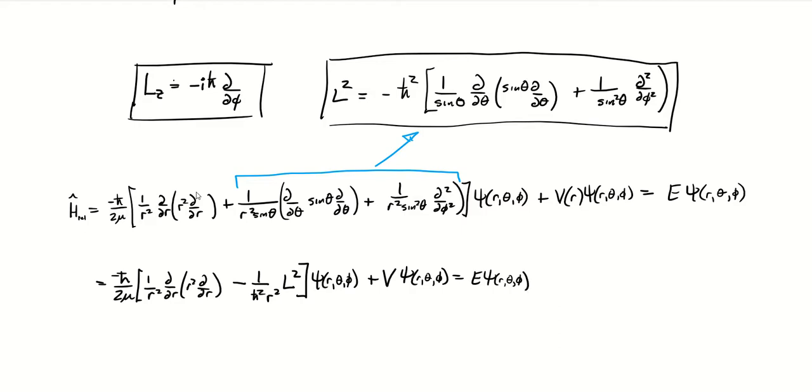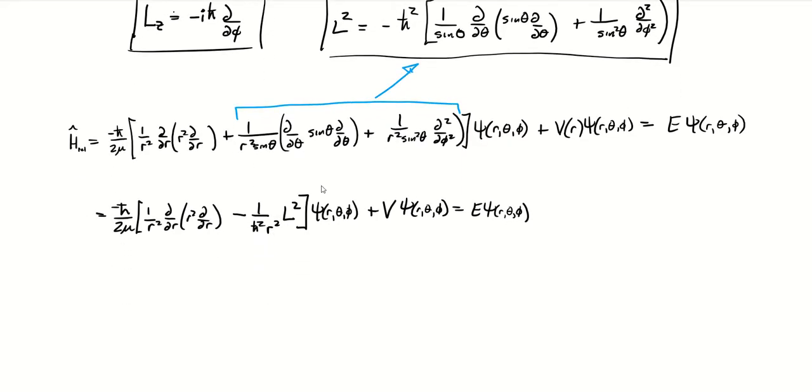What this means is all this angular part, all this angular momentum, essentially means that our Hamiltonian and our angular momentum operator are going to commute, right? If we throw in another L here, either in front or before, it's not going to affect how it operates on this.